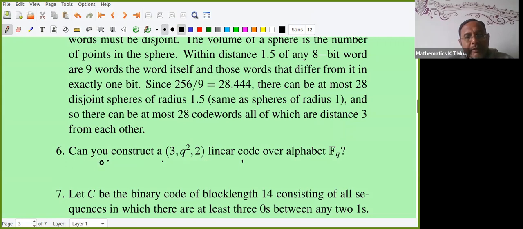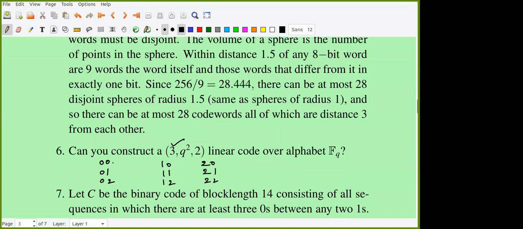So I write 00, 01, 02, then 10, 11, 12, next 20, 21, 22. What will I do next? But I want length 3. Okay, I will add them.